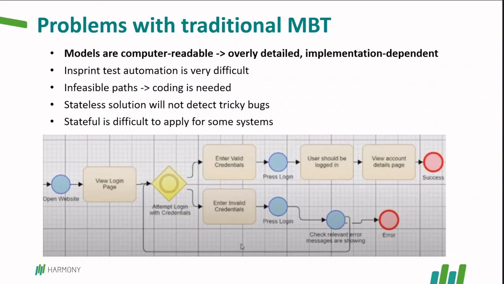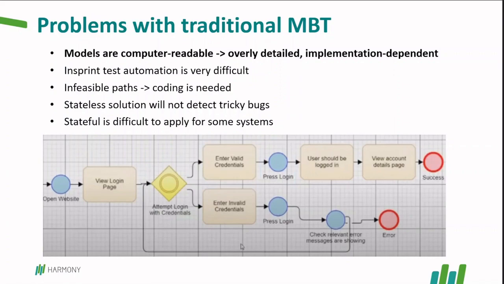But there are problems with traditional model-based testing tools as well. For me, the biggest problem is that models are computer readable, and in this case, it is overly detailed and implementation dependent. For example, on the bottom chart, you can see that there is an element for press login and so forth.